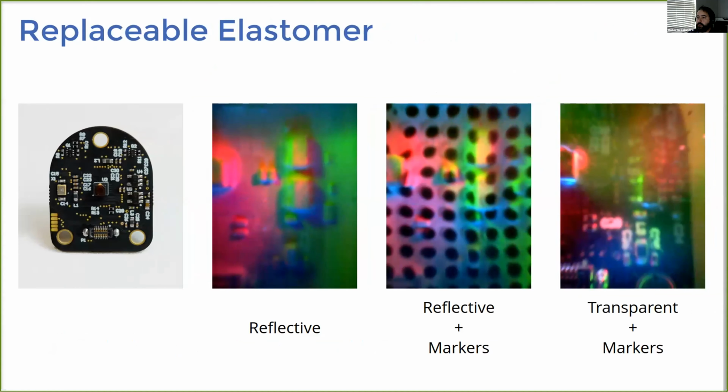So for example, here there are images taken from a Digit using elastomers with different coatings. Starting from the left, there is a purely reflective coating for accurately measuring surface and texture. In the middle, there is a reflective coating with markers to compute optical flow.